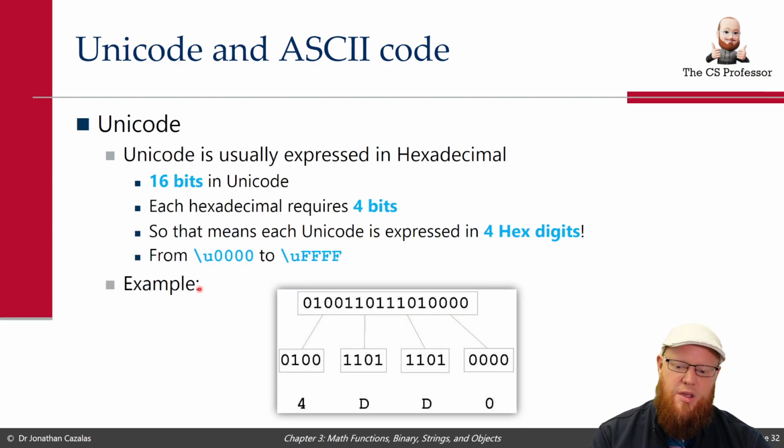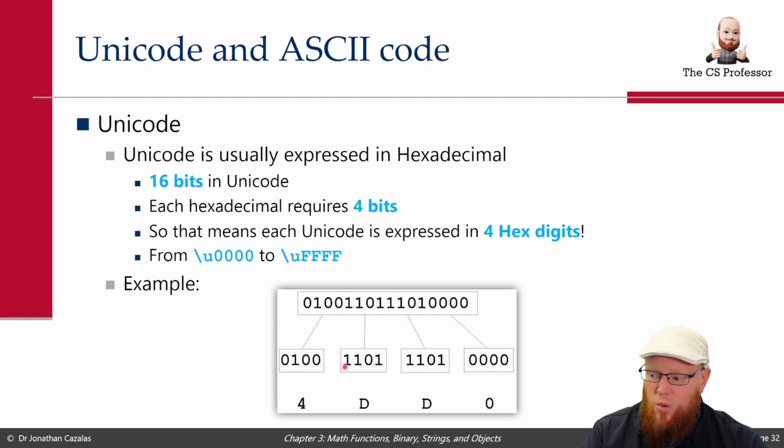So in summary here, we have a binary number, 16 bits long, is how we represent that in Unicode, because Unicode is a 16-bit sequence. We break that into its 4-bit sequences. So we take the first 4 bits here, the next 4 bits, the next 4 bits, and the next 4 bits.